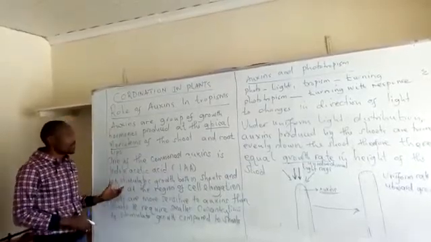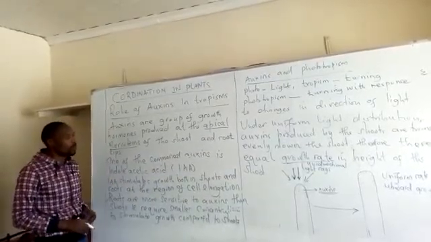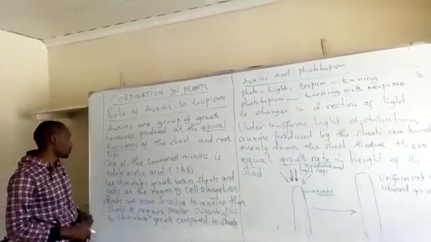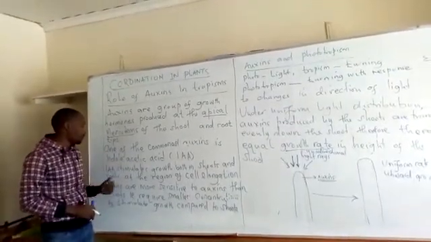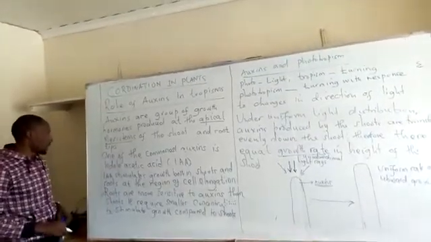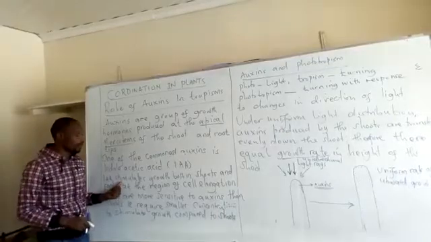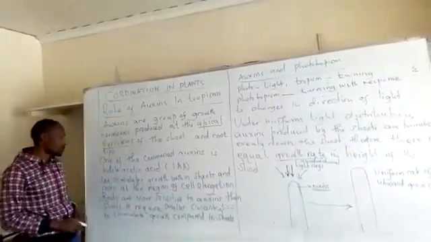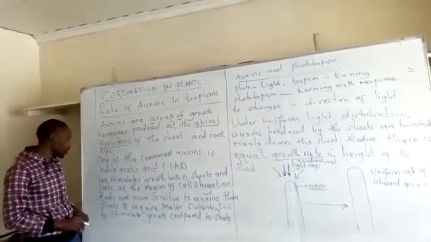One of the commonest auxins that we focus on is IAA, which in short is indole-acetic acid.